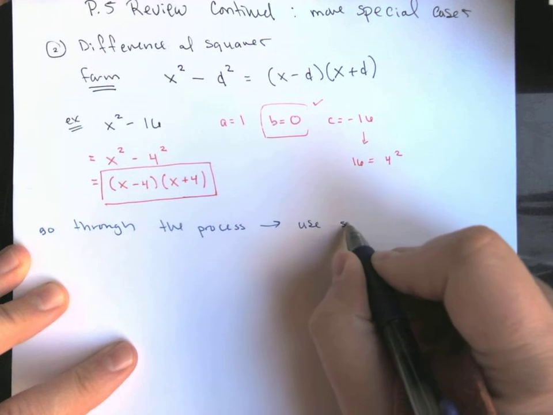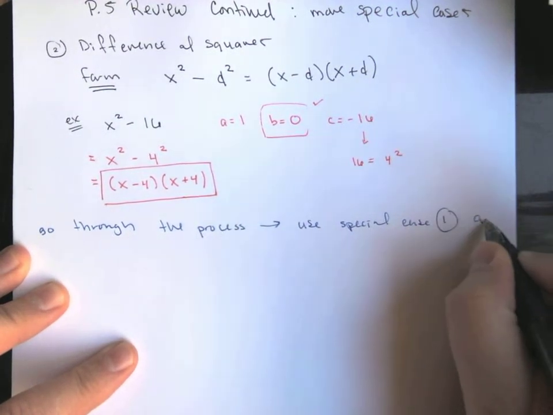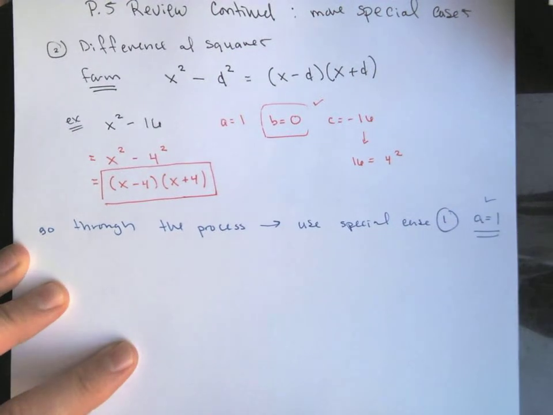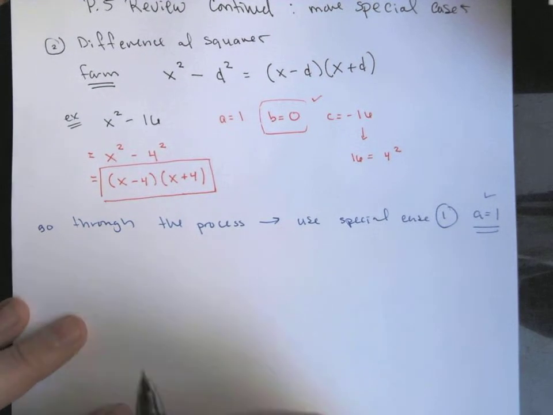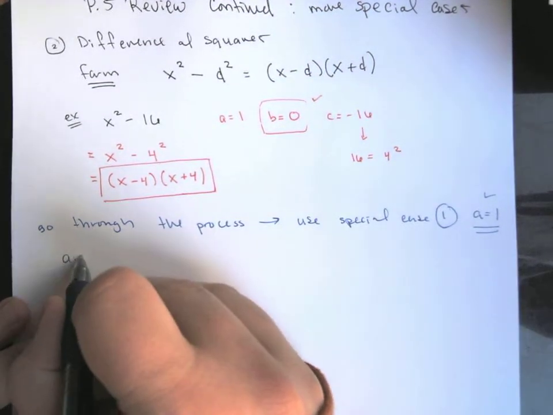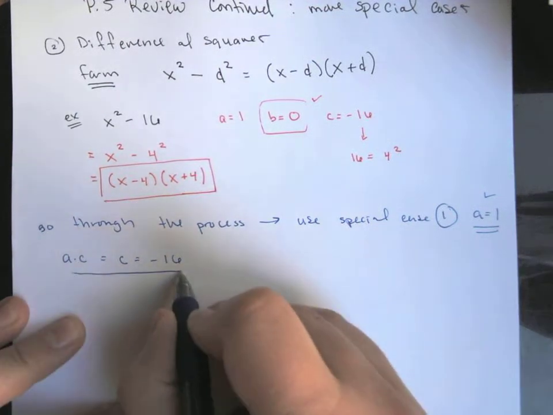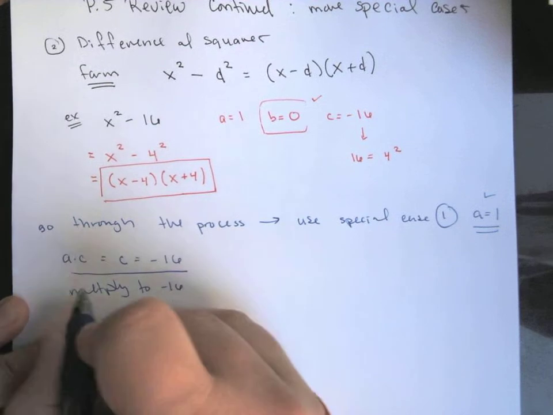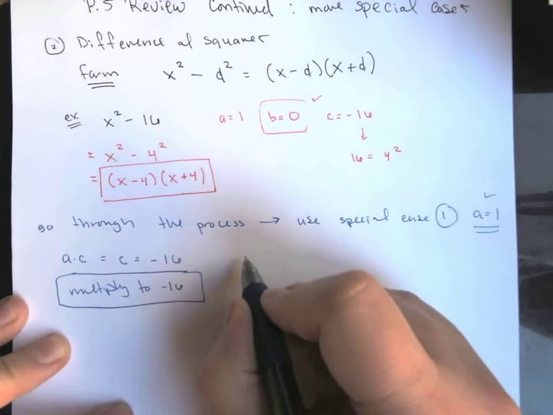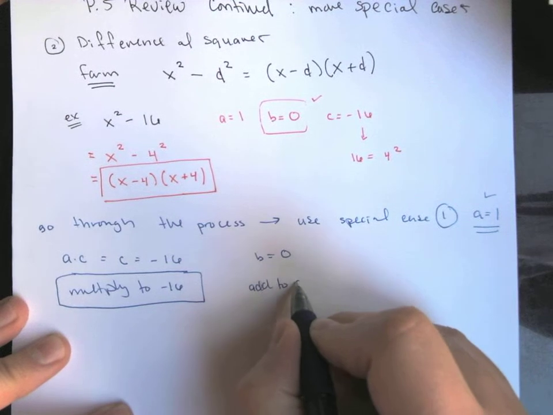We can use our special case number 1, right? The value for A is 1. So that's going to help us speed things along a little bit. That means I really need to just look at the B and the C. I can either think of this as A times C, which is also just C, negative 16. So I need to multiply to negative 16. And then my B value is 0. So I need to add to 0.